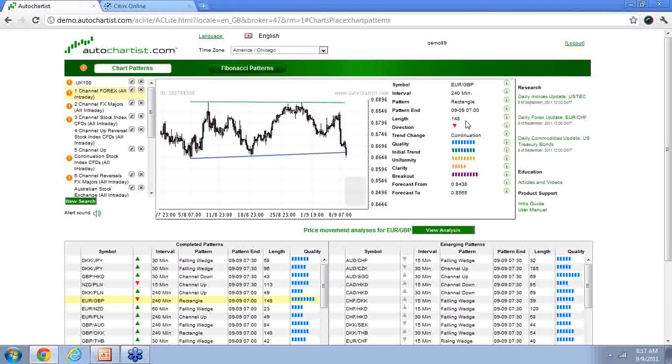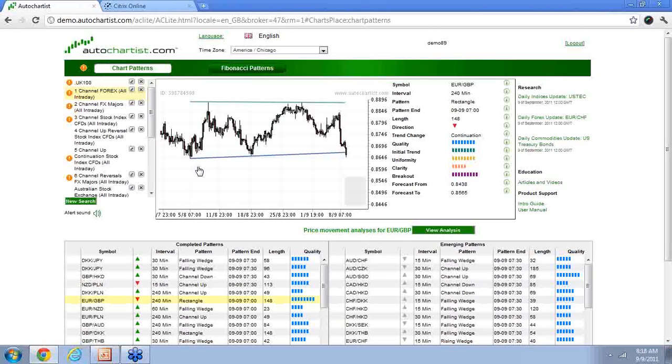If you can get high length combined with a long time period, you're giving the market a chance to show itself to a lot of eyes out there, and that may mean institutional or bank or basically bigger money than, say, an individual trader. So if big money can spot a pattern just like you can spot the pattern, then typically they're going to react to these patterns, and there's going to be good volume and good volatility to take advantage of.